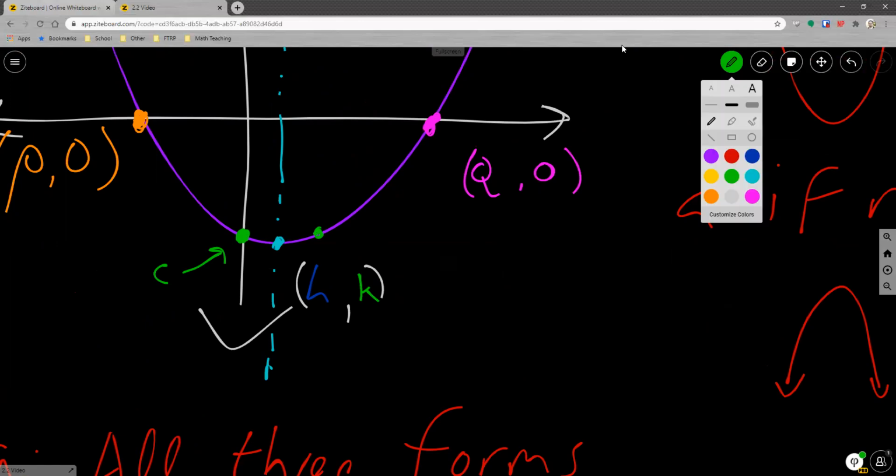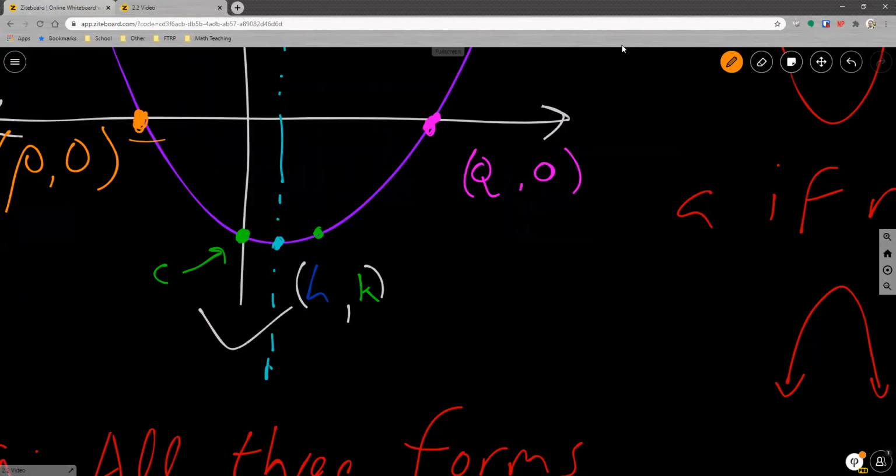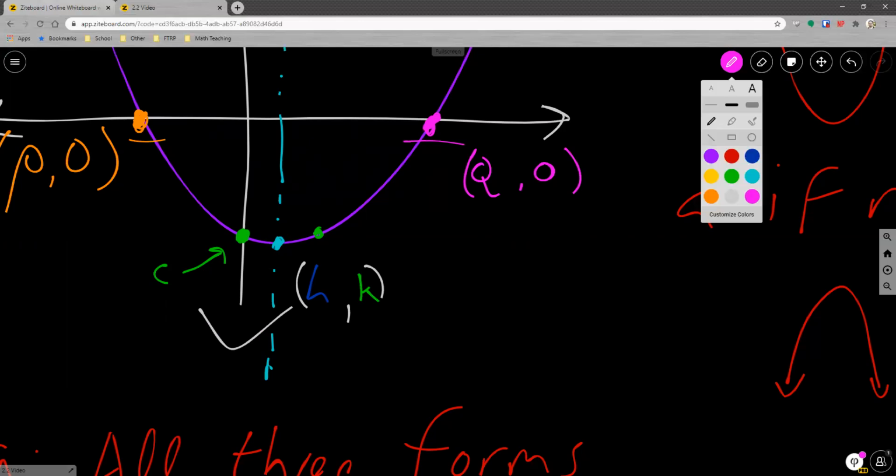If I'm in intercept form, I can always graph my x-intercepts. Remember that C value also was the y-intercept. So I mirrored the C value, which was my y-intercept. In intercept form, I've got my two x-intercepts, which are mirrors of each other.